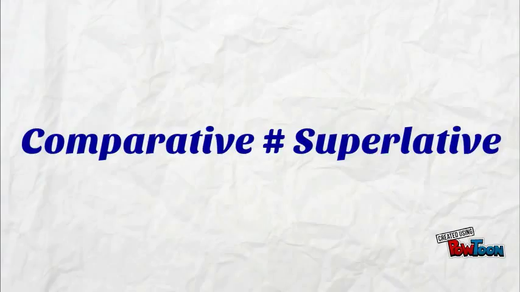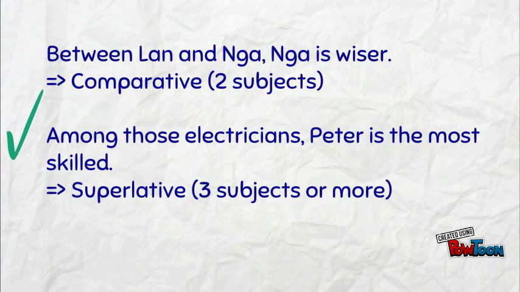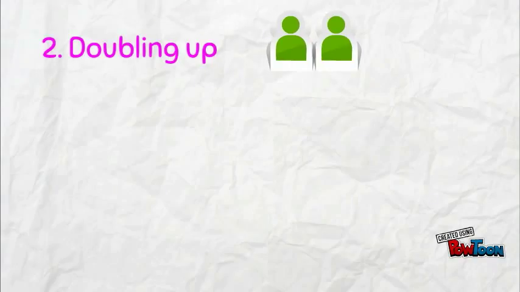So again, we'd like to remind you that comparative is used to compare and contrast 2 subjects. However, superlative is for 3 subjects or more. The correct forms of the above-mentioned sentences are: between Lon and Nga is wiser, and among those electricians, Peter is the most skilled.